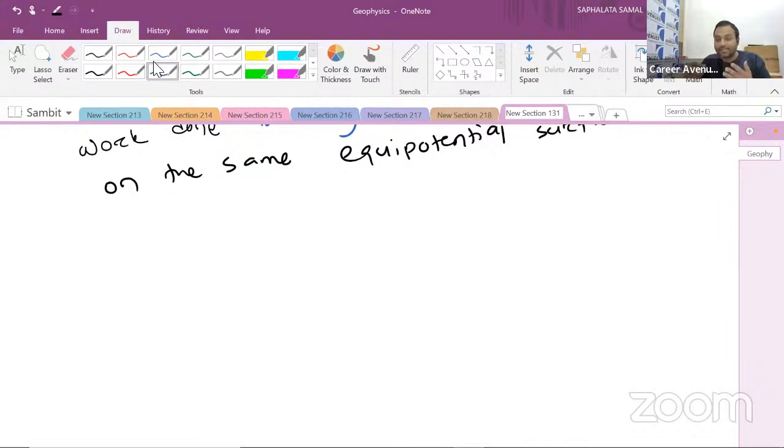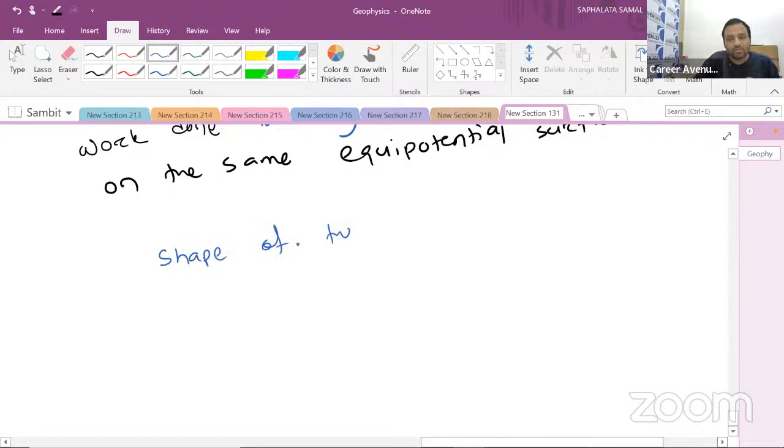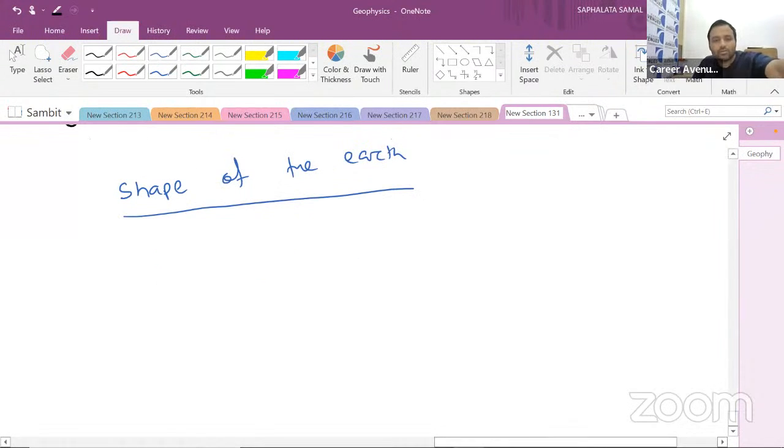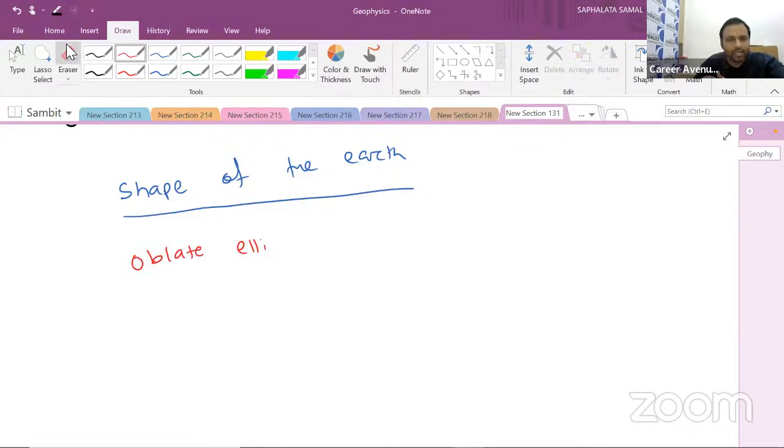Now if we look at the shape of the Earth, we know Earth is an oblate ellipsoid, or we can say oblate spheroid. It is less ellipsoid, more spheroid, but it is an oblate spheroid. What does this mean? This means that our equatorial region is inflated and the polar region is a little bit squeezed.